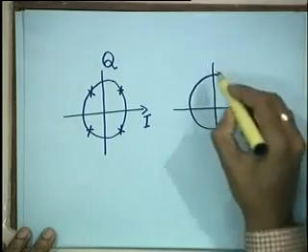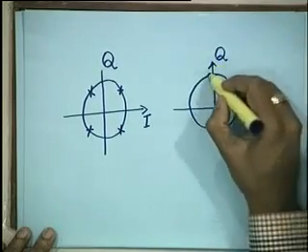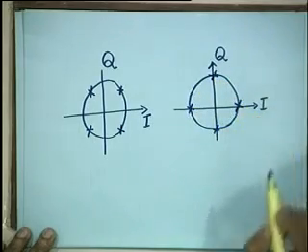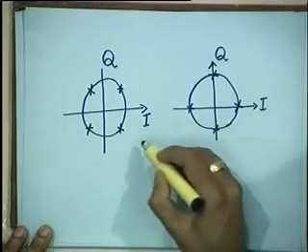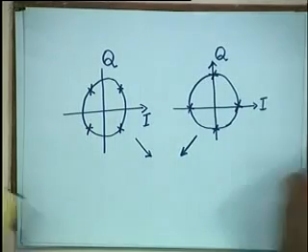Again, this is your in phase and quadrature, and this time you have pi by 4 shifted versions. Suppose you merge them together.